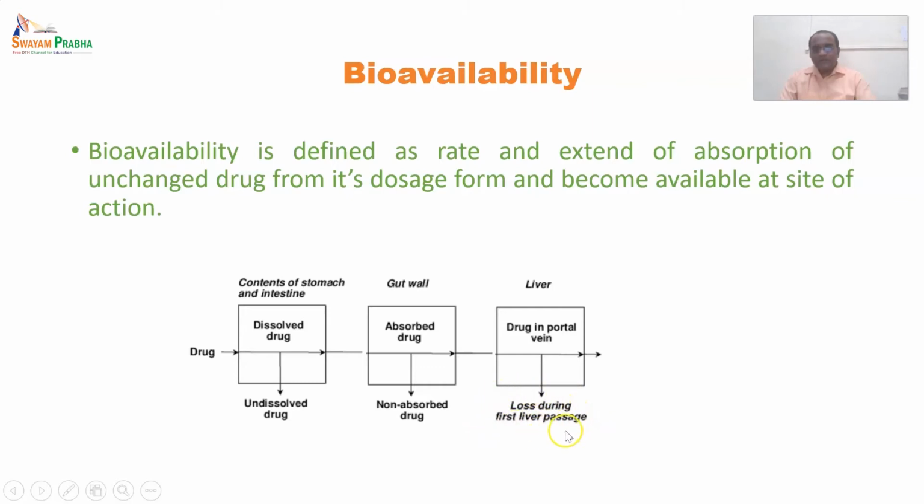Once a drug enters into the liver, it gets metabolized due to some enzymes. Enzymes like liver microsomal enzymes cause first pass metabolism, and due to this first pass metabolism, the drug becomes inactive. The drug which remains unchanged through to the liver is available, or we can say the bioavailable dose fraction.